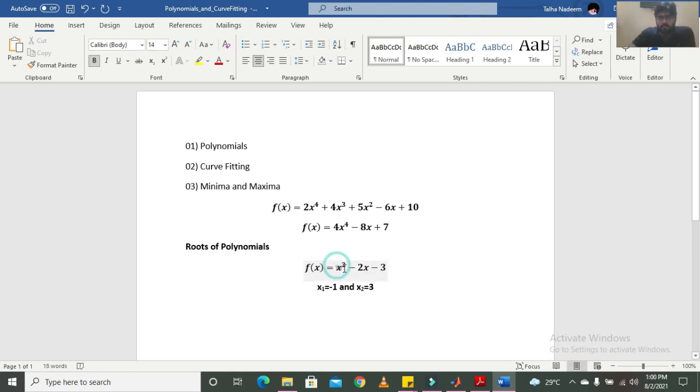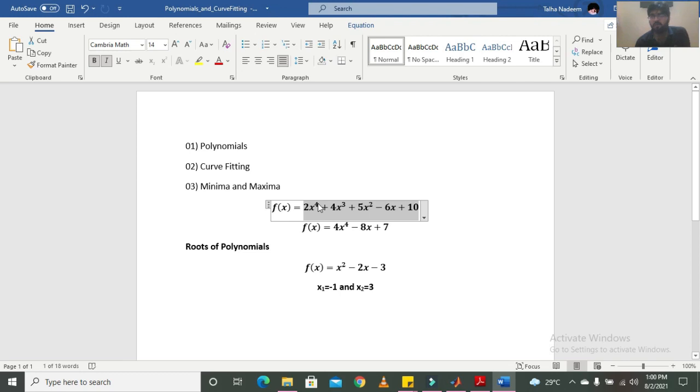Whatever the highest degree of a polynomial is, that many roots you will get in the solution. Let's say this polynomial has a highest degree of 4; then the solution set will contain 4 values of x.